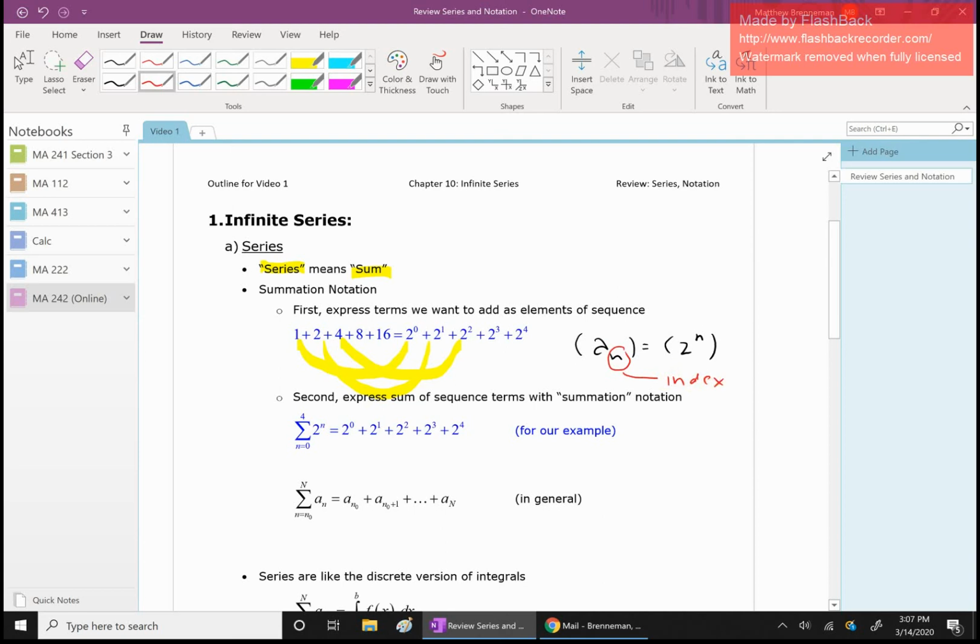And so once I'm able to express the terms in the sum in terms of some sequence, I can use this really compact way of expressing sums that is sometimes called summation notation. And so we introduce this symbol, sigma, and it really is an instruction. It's telling you to sum.